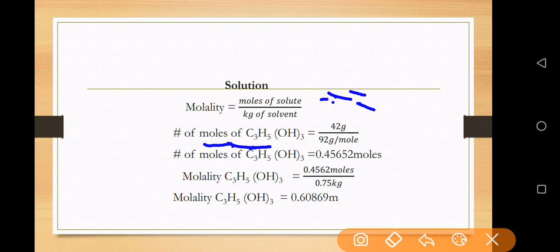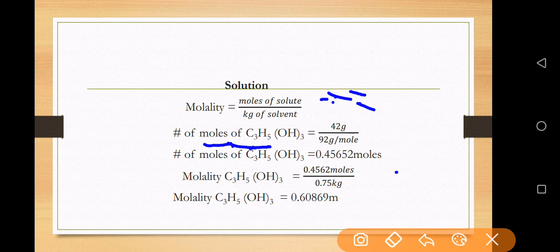And our number of moles is found to be 0.45652 moles. Having calculated that, we can then divide 0.4562 moles over 0.75 to have what we have been asked, a molality.